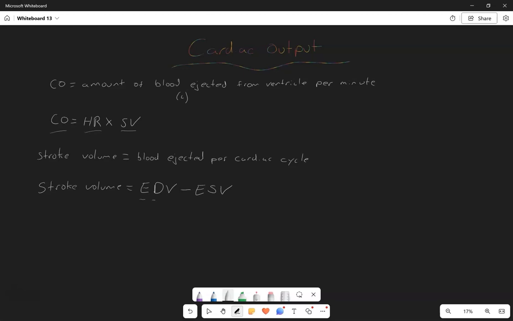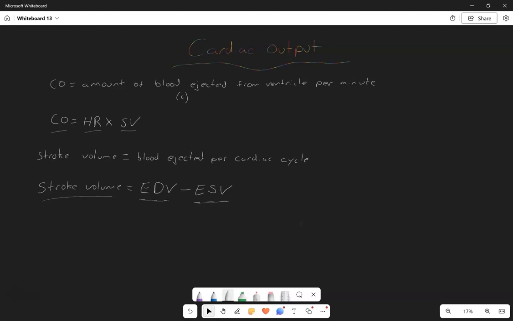So end diastolic volume is how much blood was in the ventricle at the end of ventricular diastole. So when the ventricles are done relaxing, how much blood is in there right before we start to pump it out. And then our end systolic volume is how much blood is in there after ventricular systole, so after we pump that blood out. So basically we're saying how much was in there at the start and how much is in there once we're done. So if we take that, that gives us our stroke volume, okay?